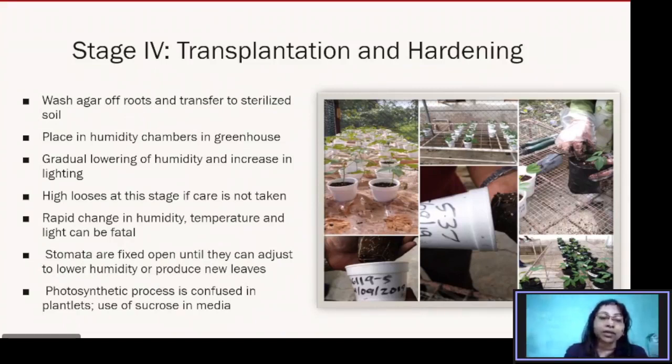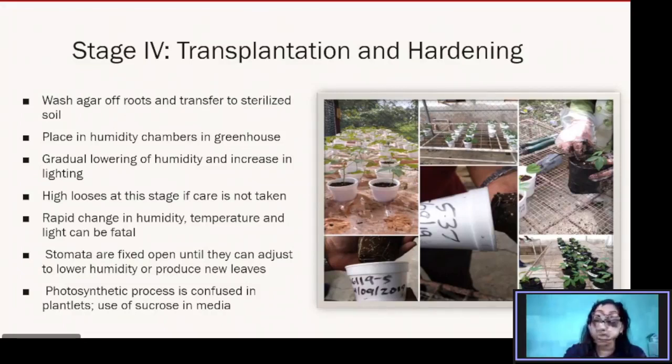So eventually, when you keep your plants in the greenhouse, high humidity, low lighting, eventually lower humidity and increase lighting so that the stomata can develop properly, because they won't have been fully developed in culture, as well as the plant can become autotrophic. That means that it produces sugars on its own.